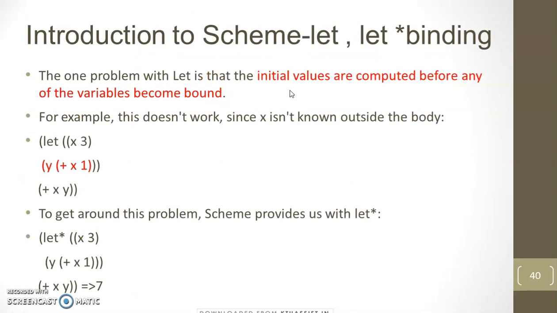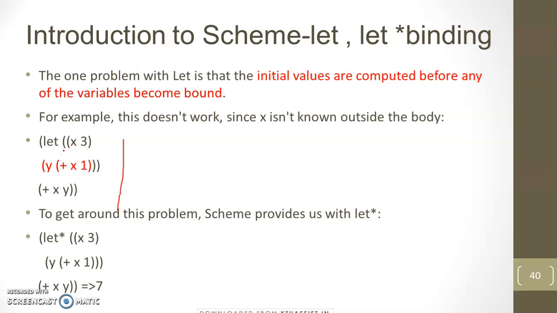One problem with let is that initial values are computed before any of the variables become bound. So this doesn't work. In this example it will be showing an error.